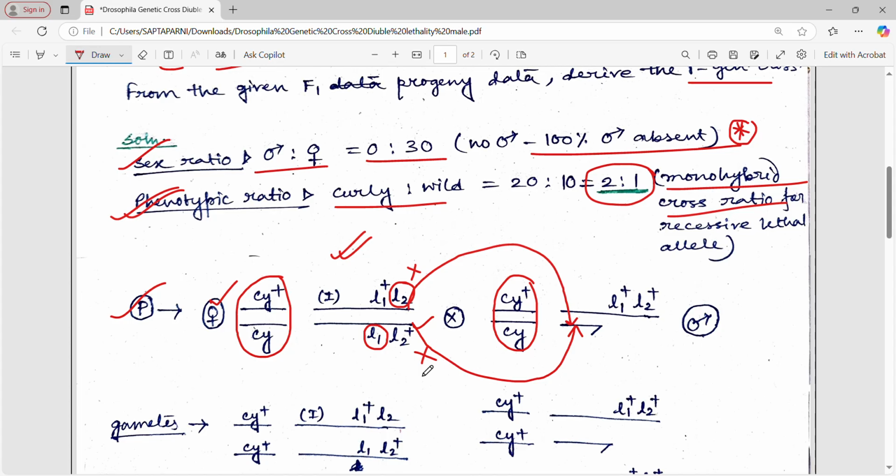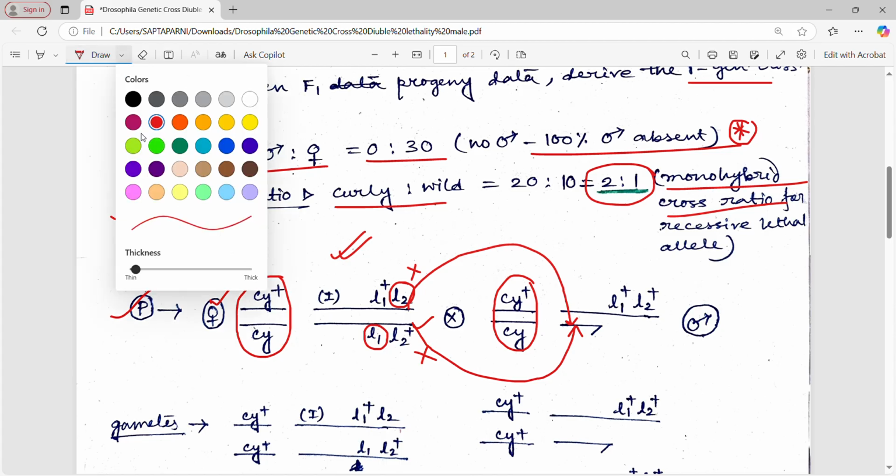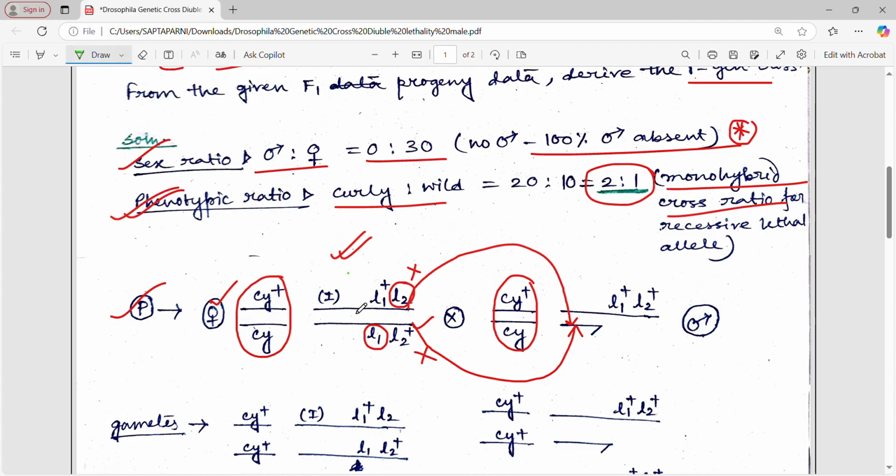On the other hand, let's take another color. When this X chromosome of the mother combines with this X chromosome of the father, though it does not have L2 on the mother's chromosome, L2 plus is here. So the products of L2 and L1 will be formed after combination of both X chromosomes from father and mother.